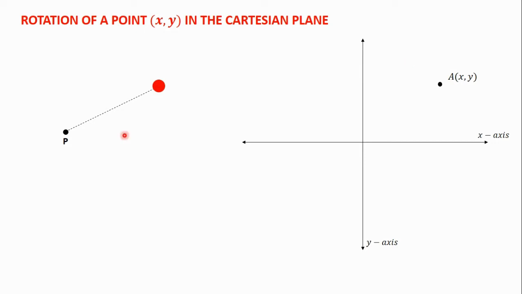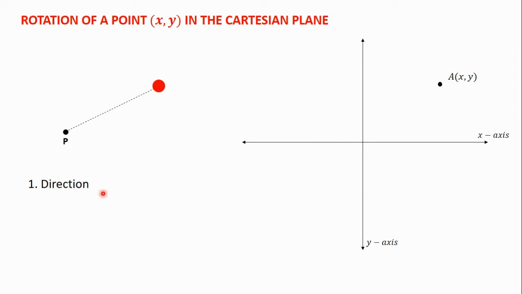If we rotate a point or an object about another point, the final position of the point or the object depends on some few factors. Let's use this illustration here as an example. If we rotate the stone about the point P, the final position of the stone will depend on some few factors.